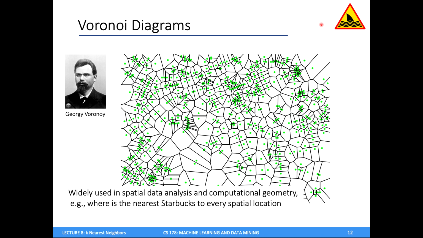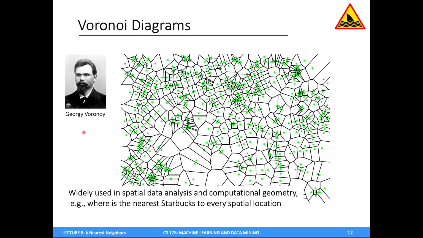So these Voronoi diagrams are a partition of the data space into disjoint regions, where each region corresponds to the points closest to some particular given green point. So for example, I might have some green point here, some data point, and this cell surrounding it are all the points on this plane that are closest to this green point compared with all of the other green points.